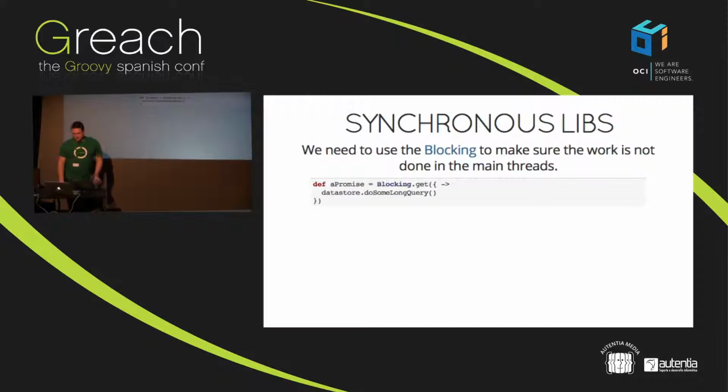All right. So synchronous libraries are actually way easier to adapt because we have this blocking implementation. So you do a blocking get, and then you're going to do some work inside of that. What happens is this promise returns immediately, and then the thread will follow the normal Ratpack execution semantics.